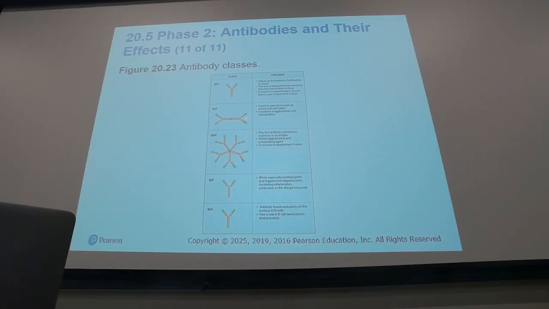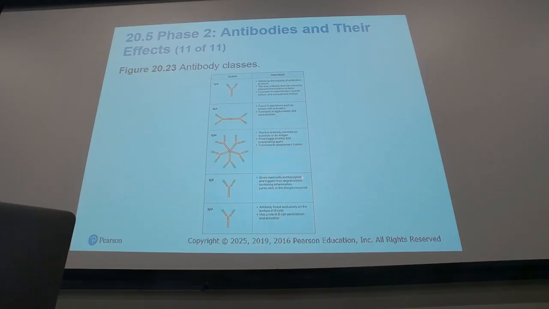How many antigens can IgA hold? If a monomer can hold 2, how many can this hold? 4. What about this pentamer? 10. It has 5 arms. 10. And then IgE, 2, this one 2.